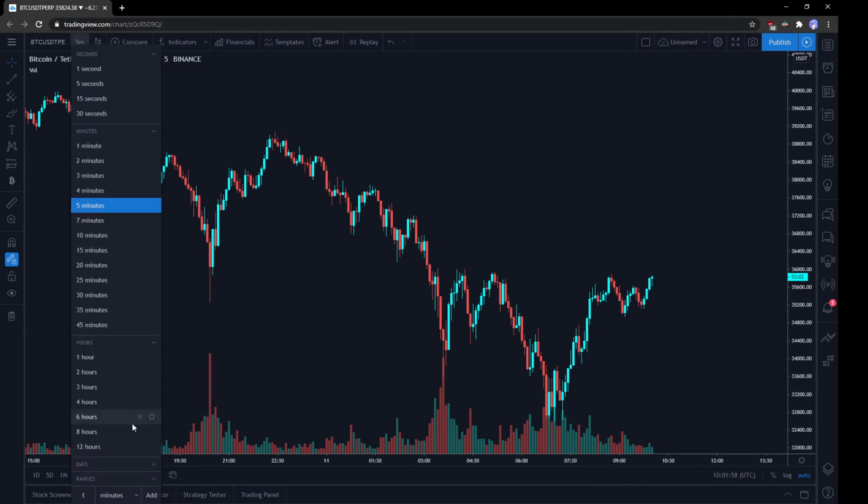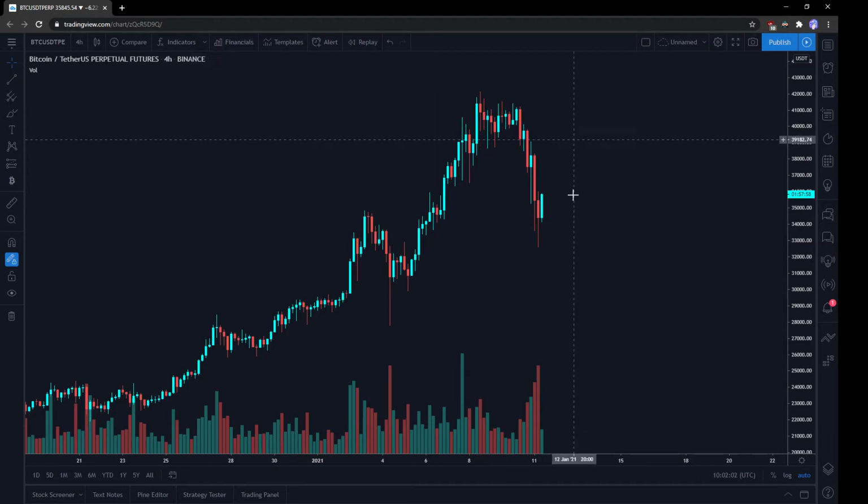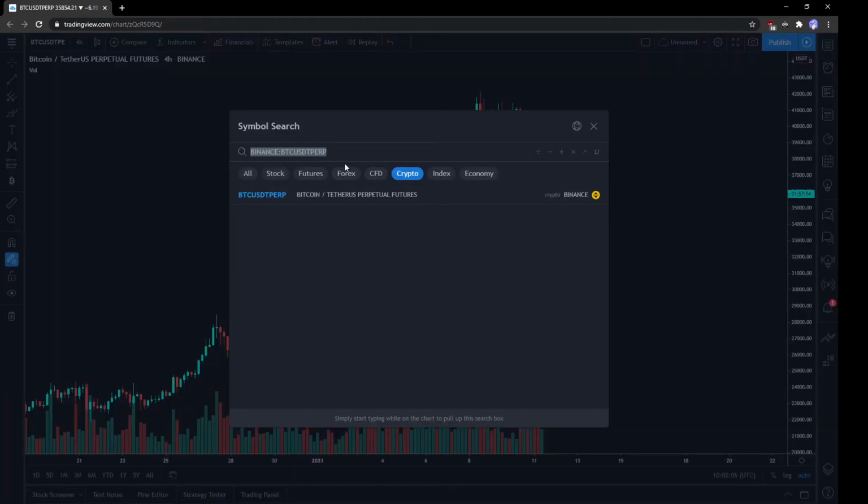So I'm going to go higher time frame. What I want to look at is altcoin that will perform better than Bitcoin, and then we can create a swing trade setup on it.